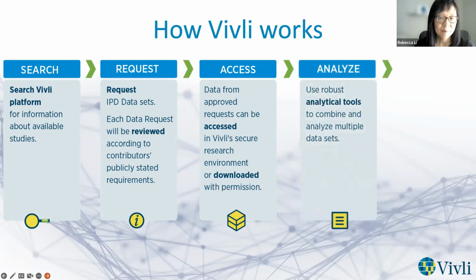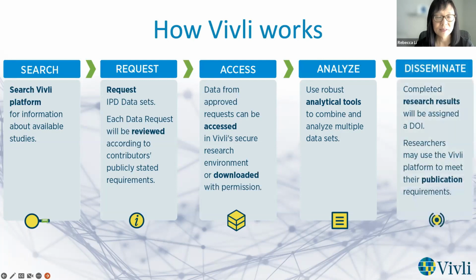And then accessing that data, we provide robust analytical tools to combine and access data. So those data can be combined with our statistical tools. And then once you access the data, we ask you to publish your findings, and then those research results are assigned a digital object identifier. So that's really the cycle from search all the way through dissemination.